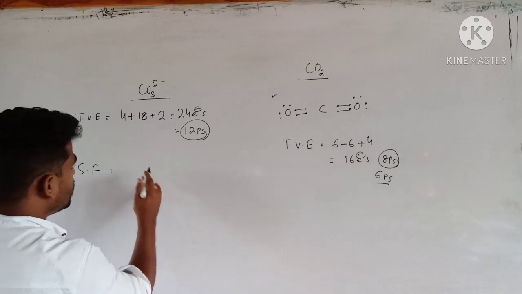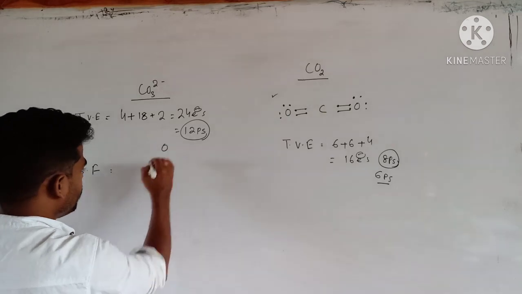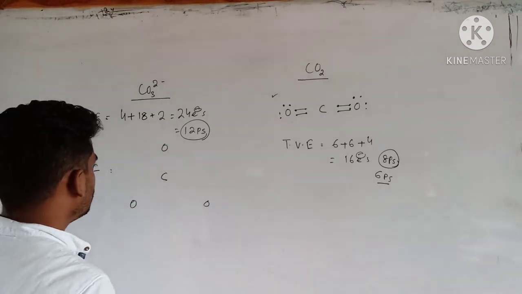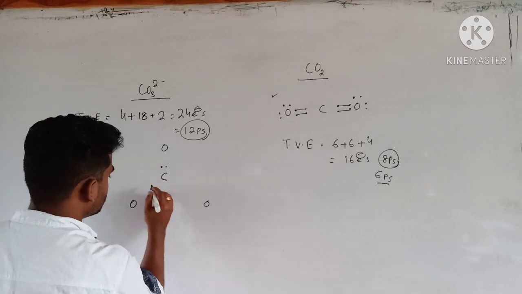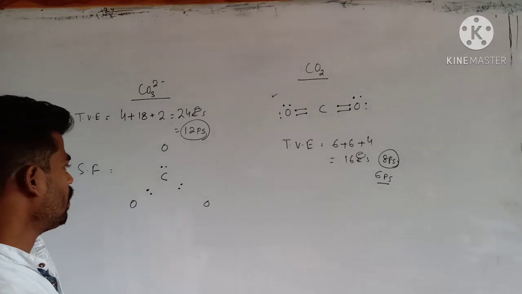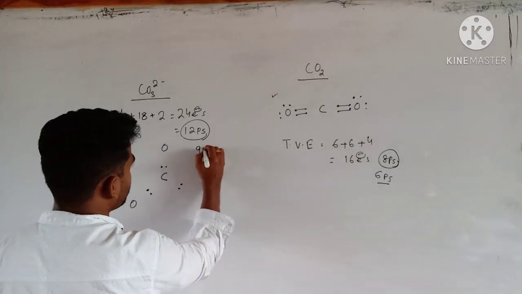Next, write down its skeletal formula. That will have the least electronegative atom at the center, that is carbon, and 3 oxygens can be arranged in this way. Clear? Now you can place a pair of electrons among them. Now 3 pairs you have used, so the remaining is 9 pairs of electrons.